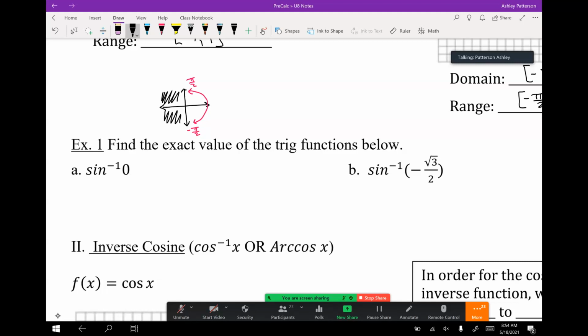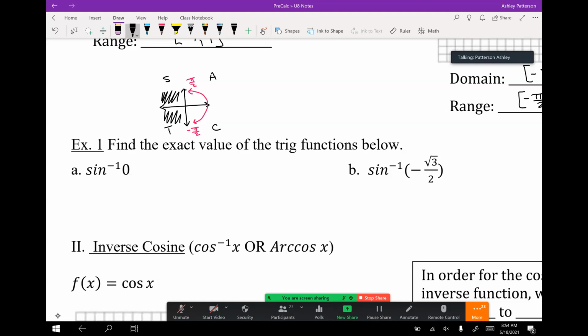Okay, so if you think about A, S, T, C, the restrictions on the sine domain are such that you'll get all of the positive sine values in the first quadrant and all of the negative ones in the fourth quadrant. The restriction accounts for all possible values. Okay, both positive and negative.